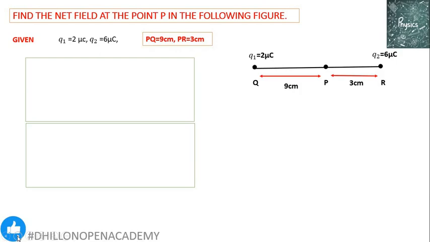First we will find the electric field of only Q1 at P, neglecting Q2. In order to do that, we consider only two points, P as the observation point and Q where the source charge Q1 is present.